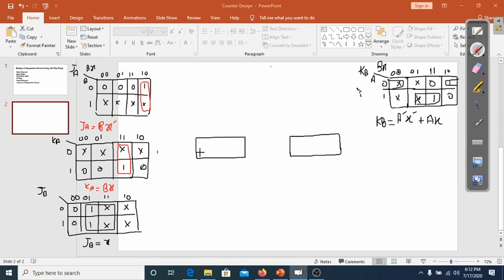A JK flip-flop has two inputs. I am using here the output.